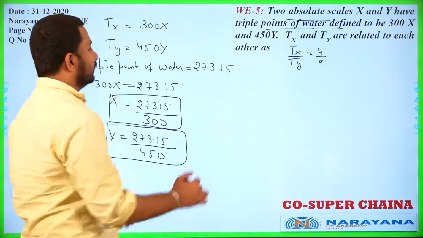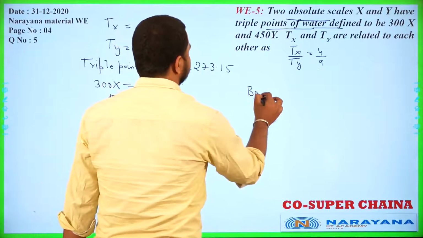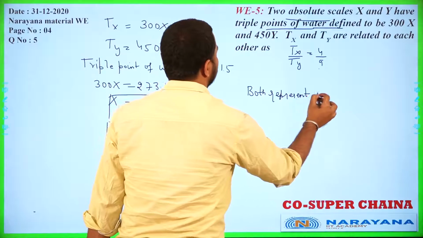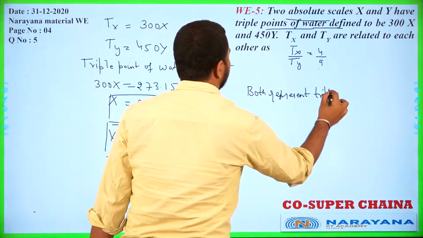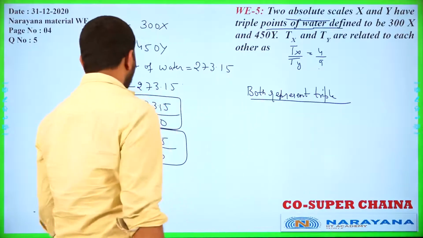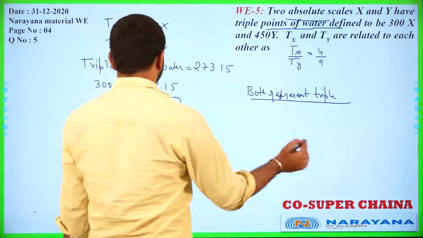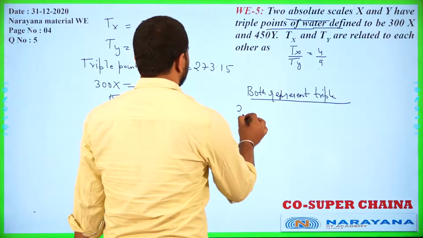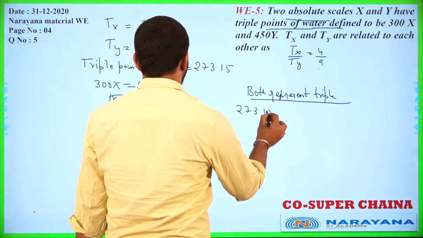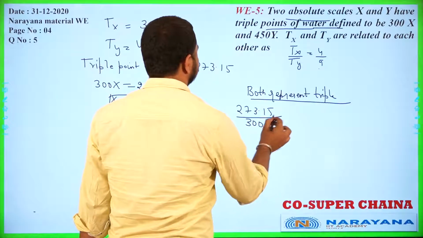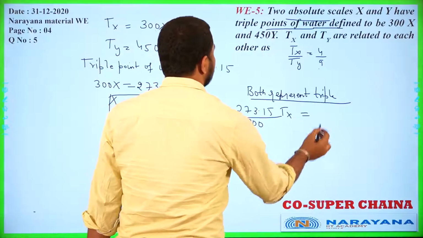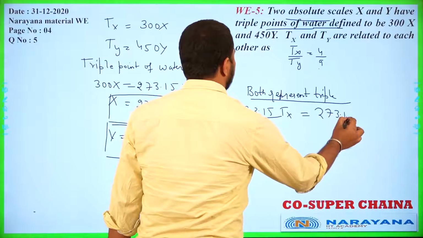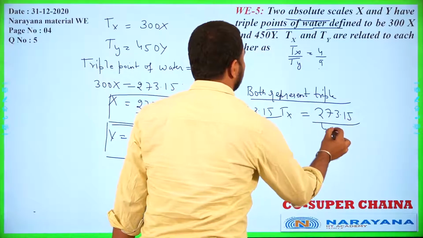Now both of these represent the triple point. So what can I write? I can write 273.15 by 300 into Tx is equal to 273.15 by 450 into Ty.